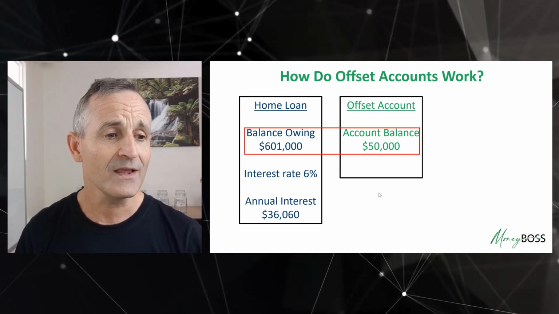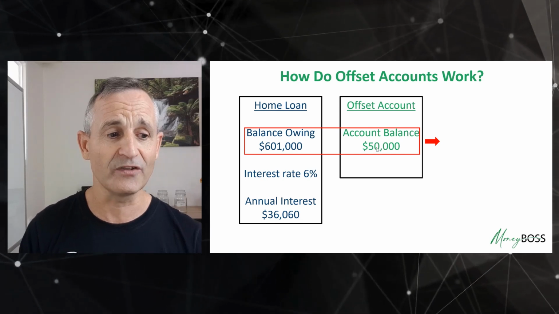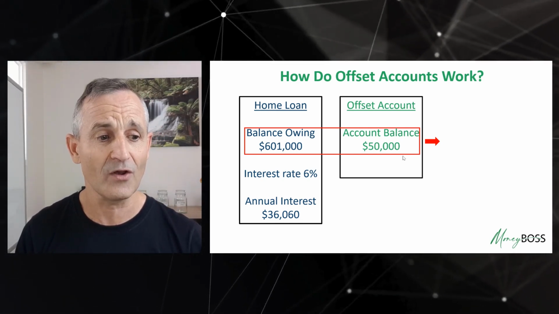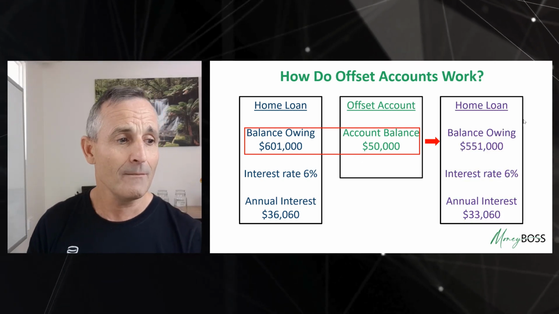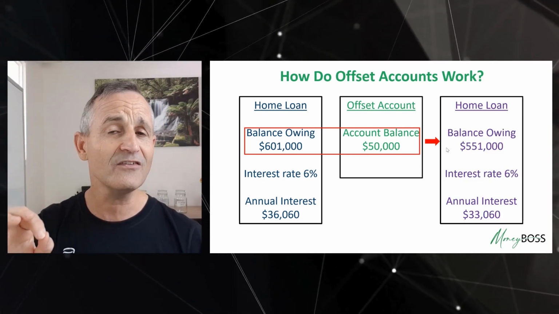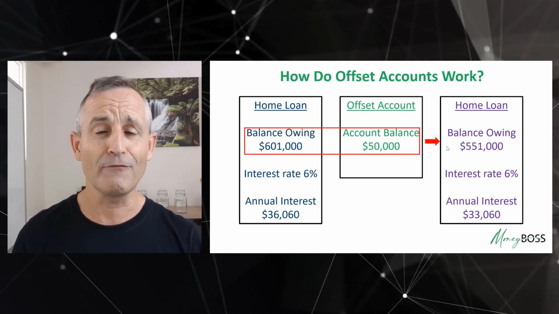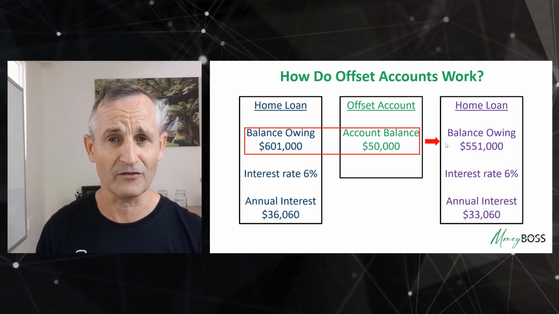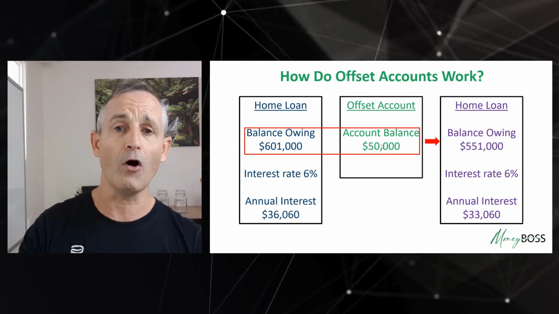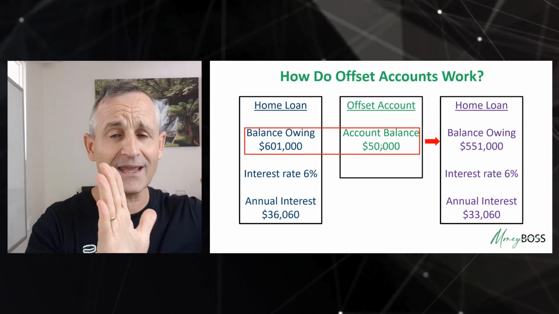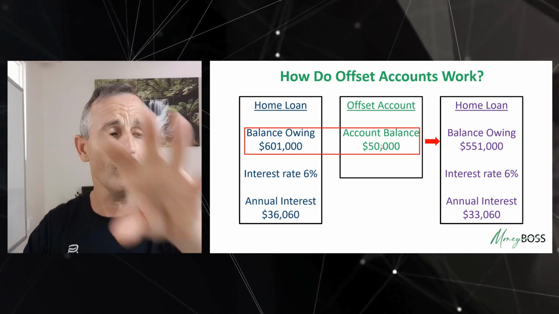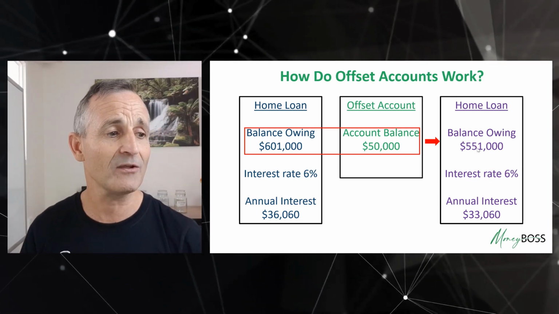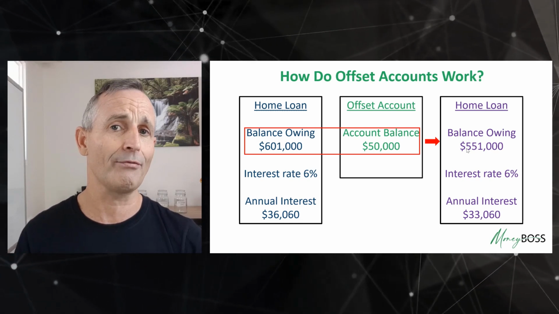What will happen is that the bank will subtract those two. It'll say $601,000 minus the $50,000 that I have sitting in my offset account means that they're only considering your home loan now to be $551,000. So the $50,000 in your offset account, even though it's a separate bank account, separate to your mortgage, that money sitting in there is considered off your mortgage, and you now only have to pay interest on $551,000.